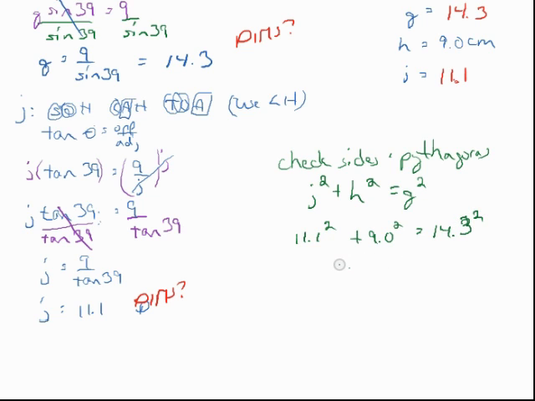So on the left side I get 204.21, and on the right side I get 204.49. And again, this is close enough. We know that we're going to have rounding errors. We know that it wasn't exactly 11.1, it was 11.1 something. Okay? There we go.